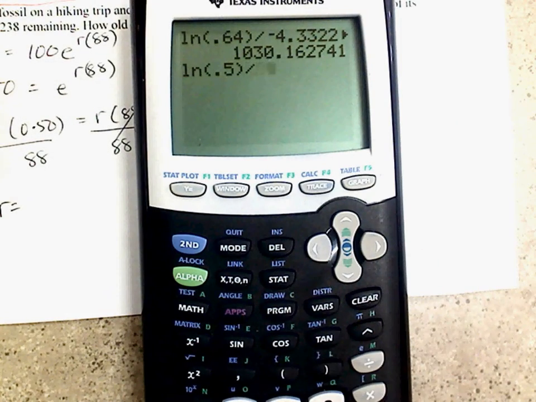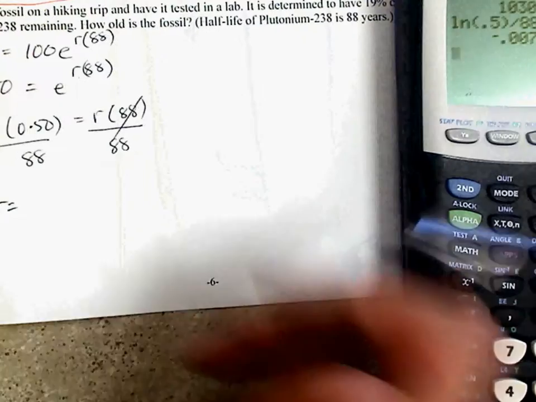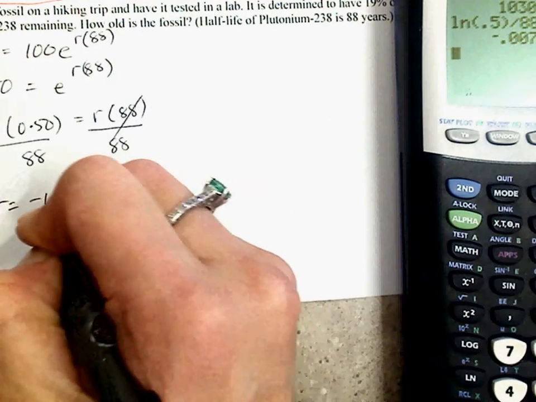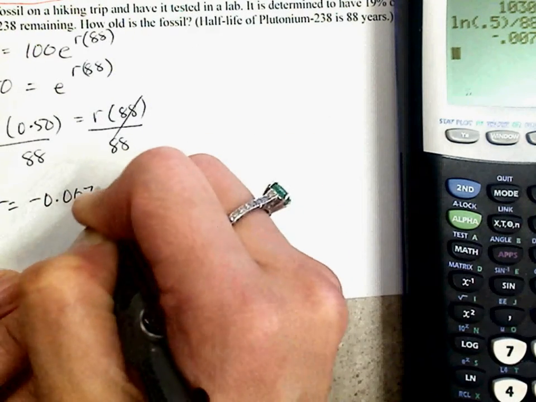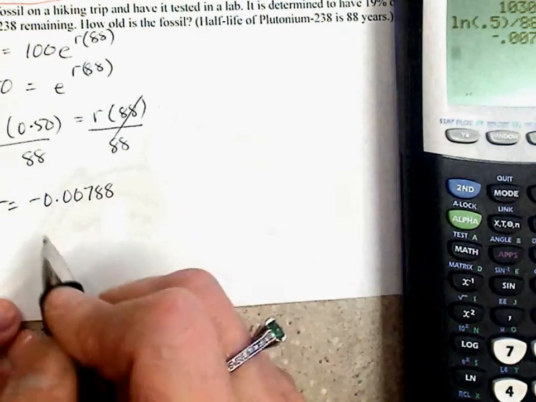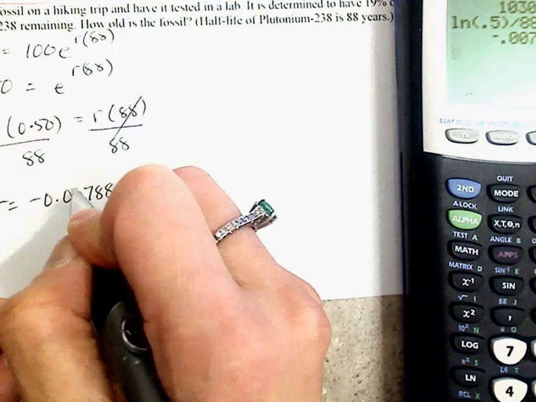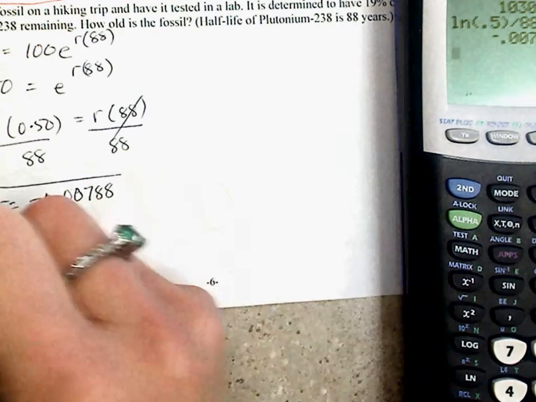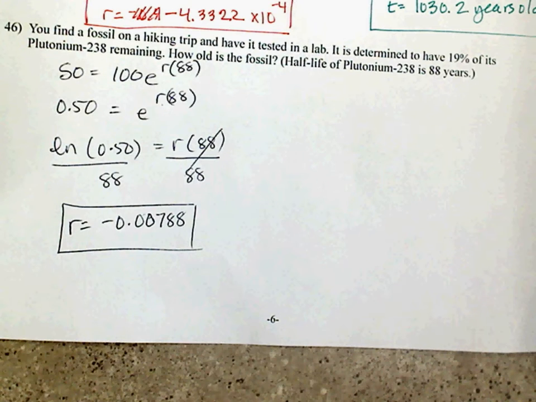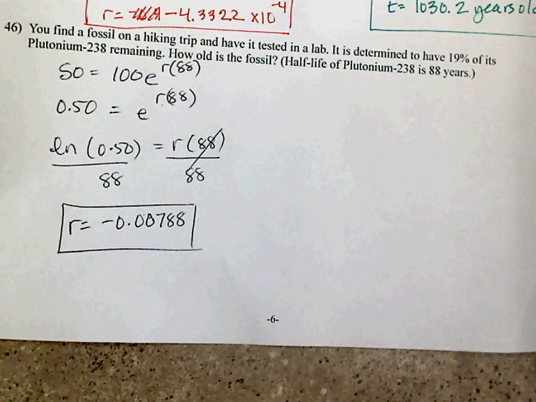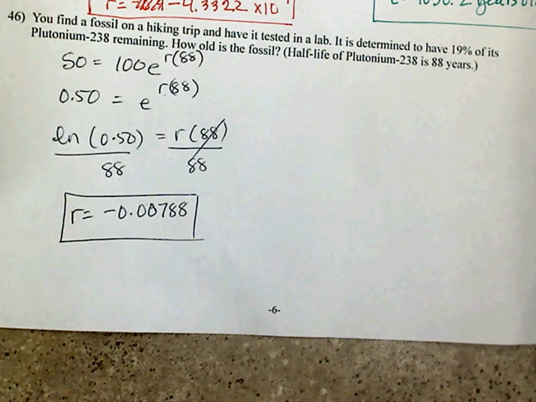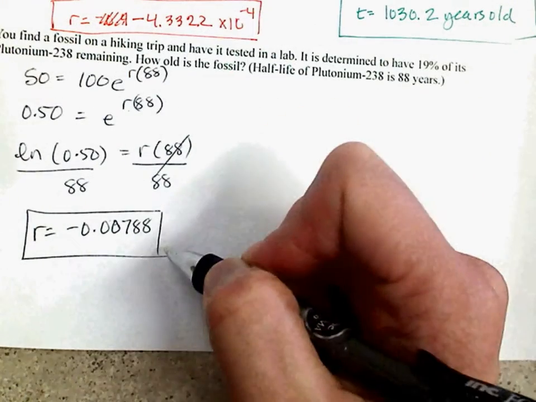So the rate of decay for plutonium is negative 0.00788. All right, that's good. Box that in, please. So 50%, half-life is 88, plutonium is decaying at negative 0.00788, and it's negative because it's a decay.